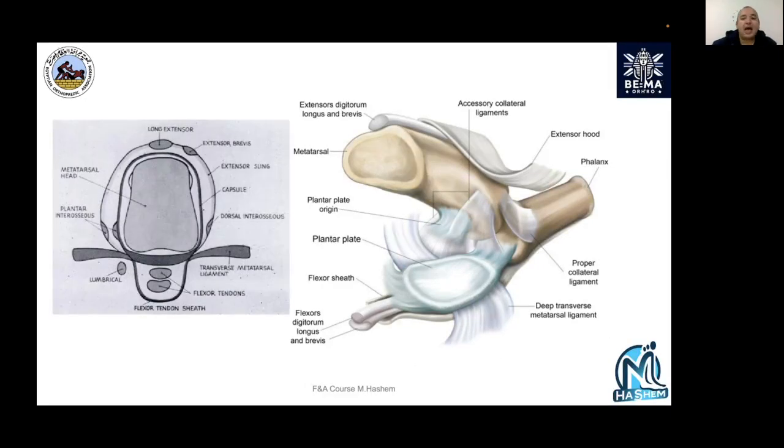So Morton's neuroma happens because the nerve is passing underneath the intermetatarsal ligament, and with any cause of overloading the forefoot, you push more on the forefoot. The nerve gets overloaded between the intermetatarsal ligament and the ground, and that's why it's common to have the Morton's neuroma.